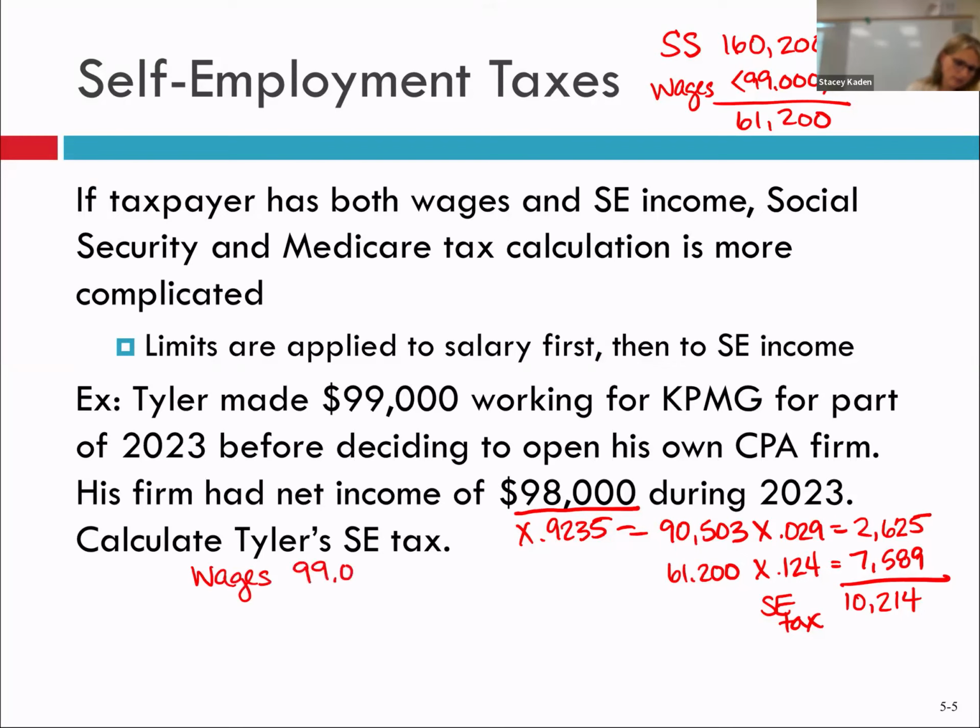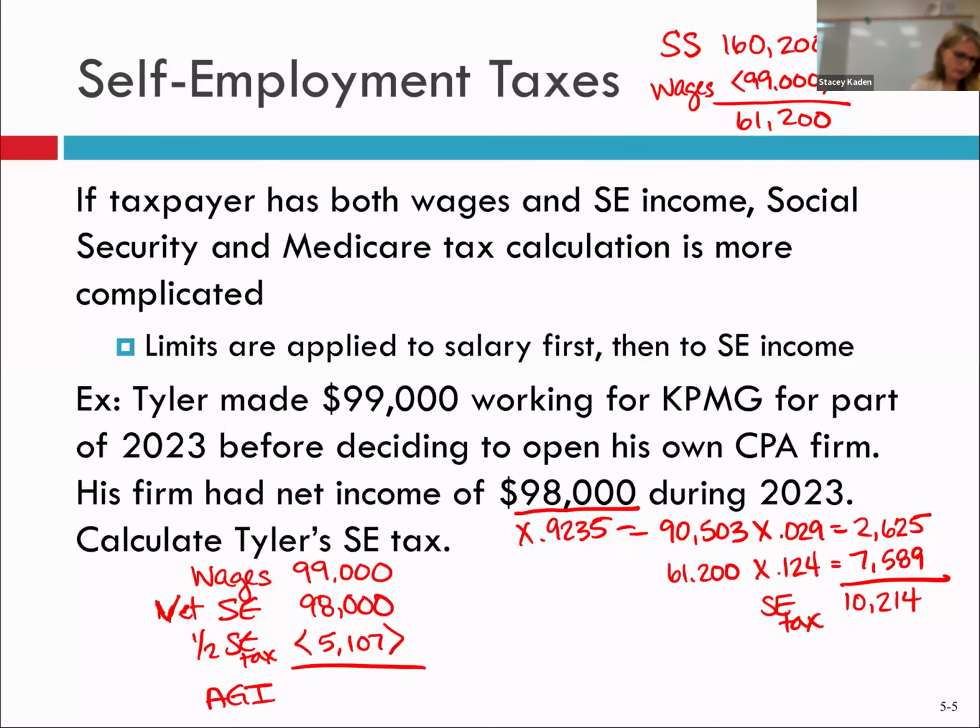Wages of 99,000. Net SE income of 98,000. And subtract 1/2 of the SE tax. 91,893. This is AGI.